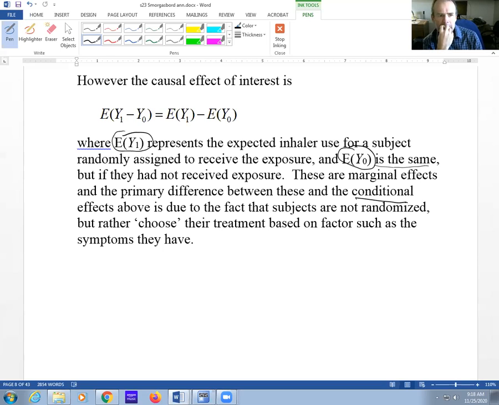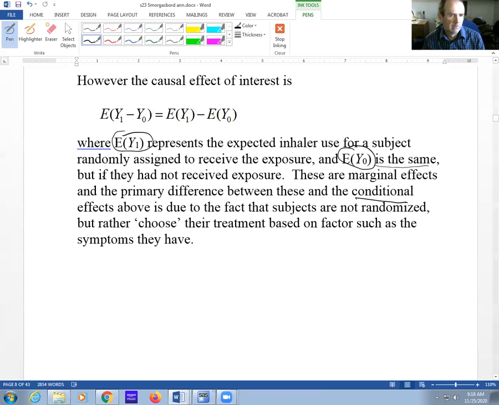So what we have in the situation is observational data, and what we're trying to do is apply methods as if we had a randomized experiment, okay? And we do that by applying the marginal structural model methods.